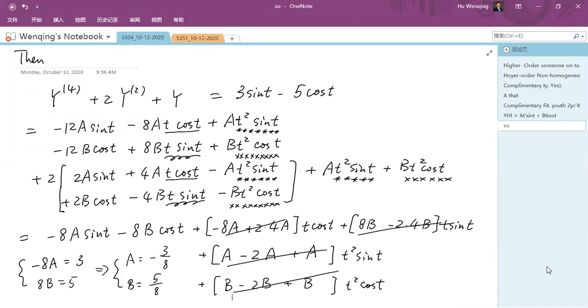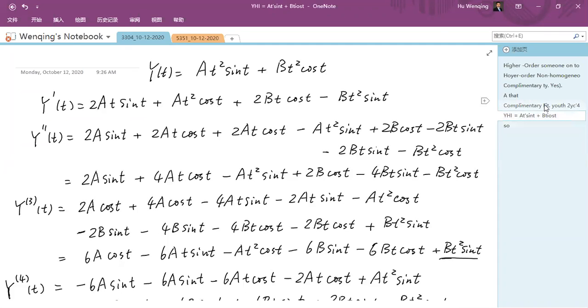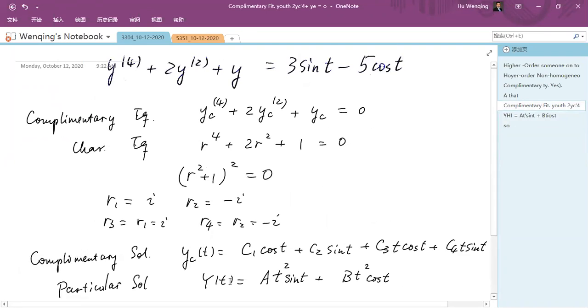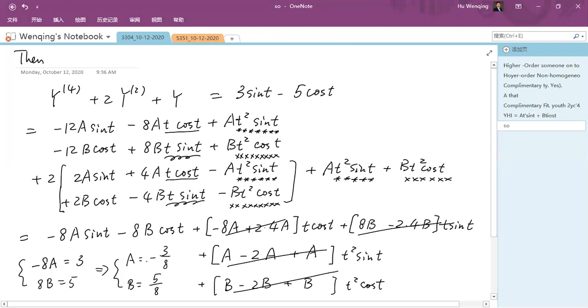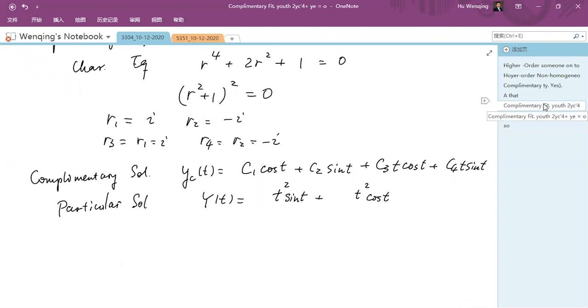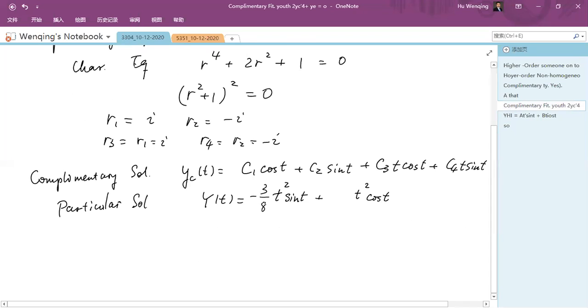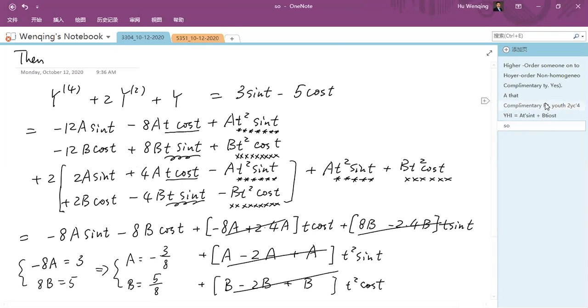Is that good, family? Okay, so you have a and b. As long as you have a and b, you can come back to this particular solution and replace a and b by what you have calculated. A is minus 3 over 8, and b is equal to 5 over 8.